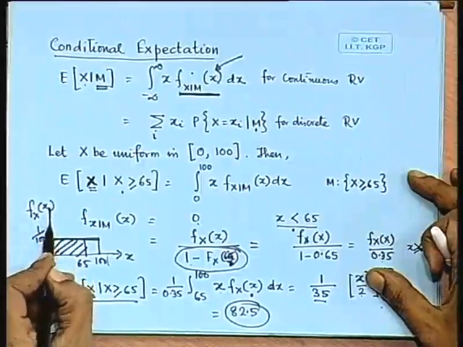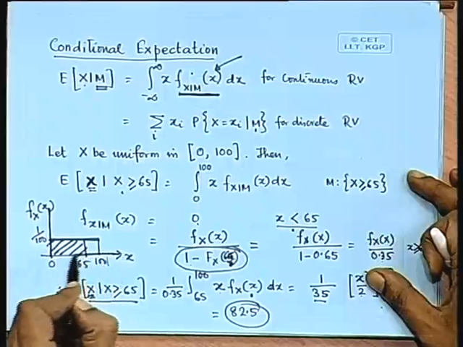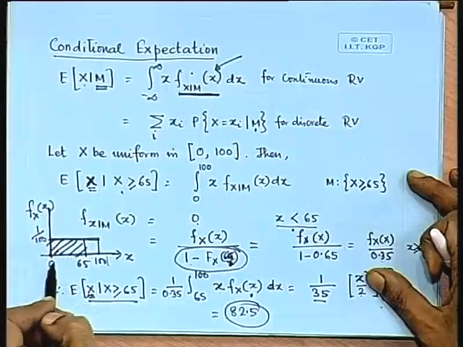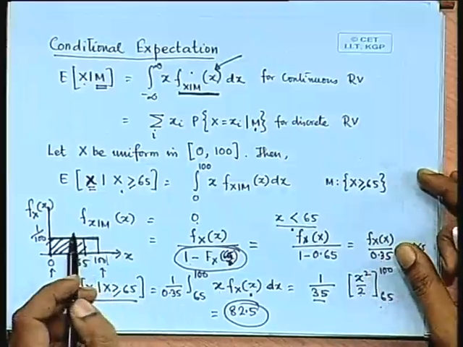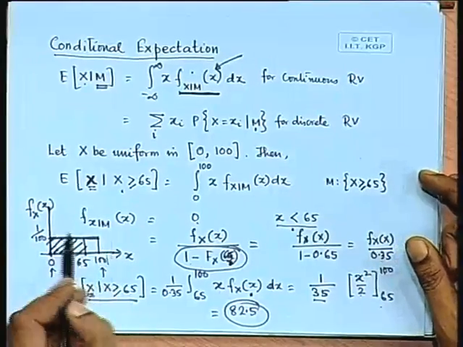Then if somebody asks what is the probability that a person's age is greater than 65, what is the probability density function? It is 1 by 100, since the interval of age is 0 to 100, the total probability must be 1 and this has to be uniform.